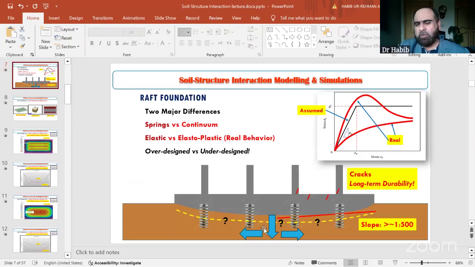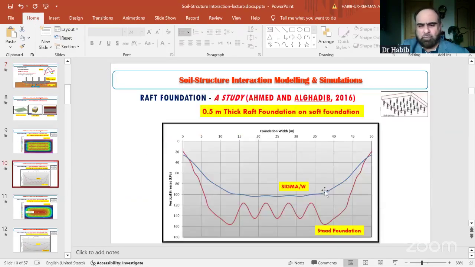So there is a lateral movement also. That's why we can never have a wavy type of action for the soil. If we look at it closely, there will be a slight wavy action over there, but it gets bridged by the continuum nature of the soil.